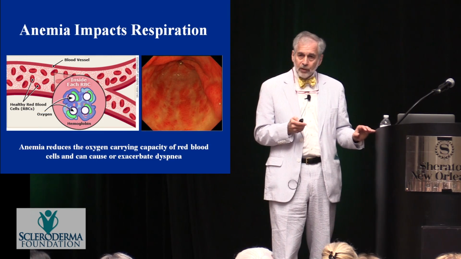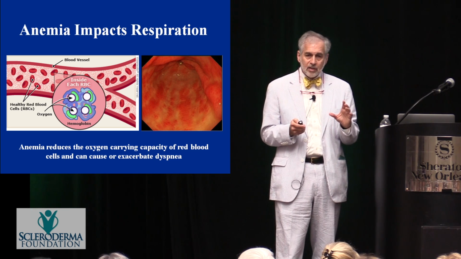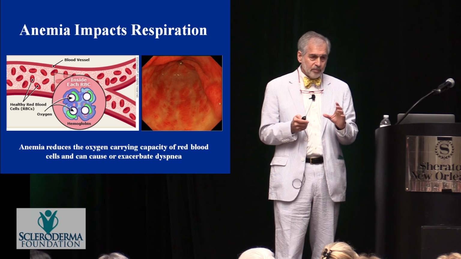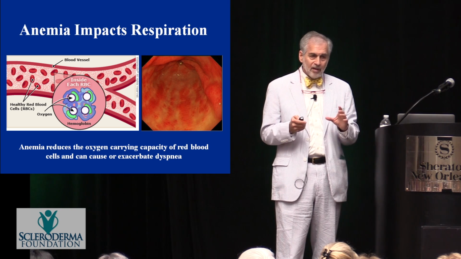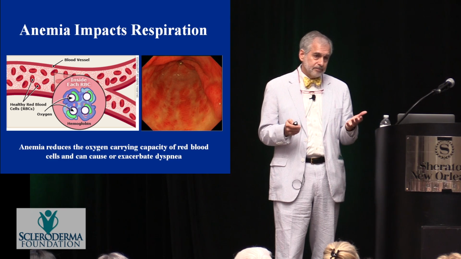I mentioned this earlier. The key component here is hemoglobin. That's the molecule inside the red blood cells that carries oxygen. So if you don't have enough hemoglobin, you have anemia, you can become short of breath.